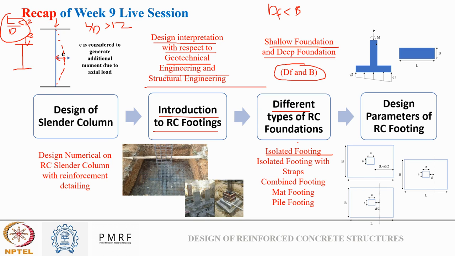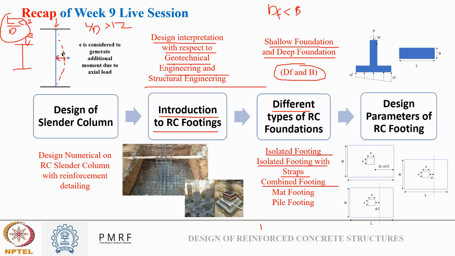Isolated footing, that is an individual footing beneath a column. Then there are isolated footings with straps, when two isolated footings are connected with a beam-like structure. Then we have combined footing. This takes place when two isolated footings don't have much gap between them, so we combine them to make a combined footing.